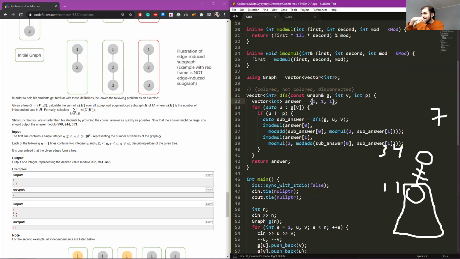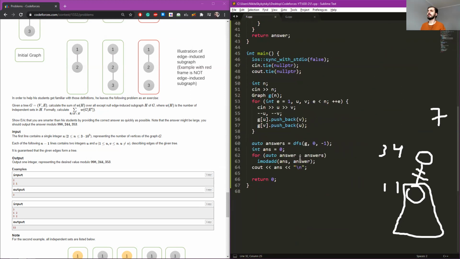Wait, do we want to color one leaf, then we have 1, 1, 1, but the answer is not like that. Okay. Is it like that?